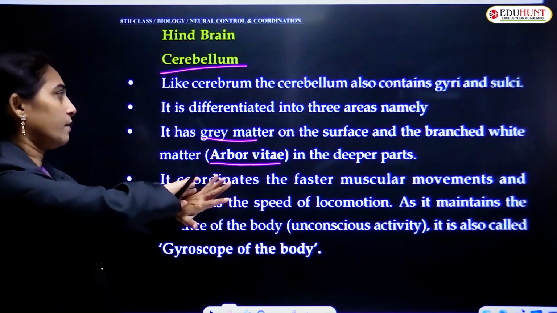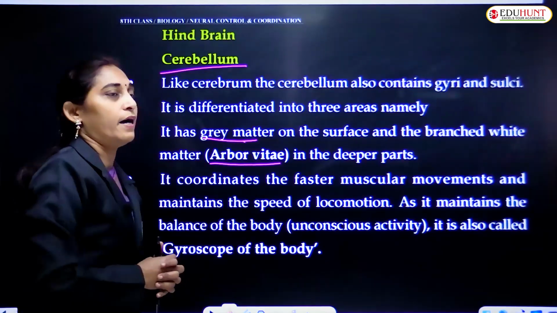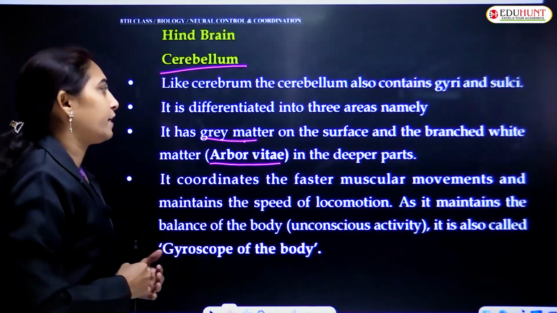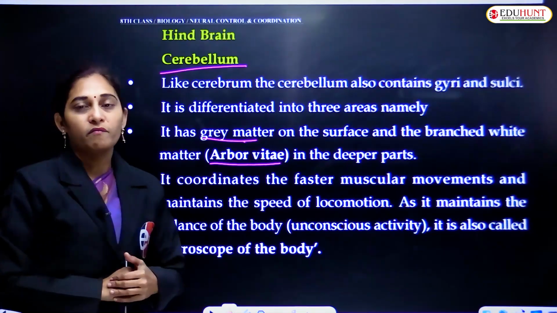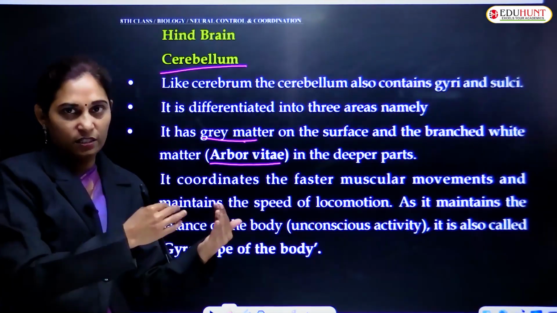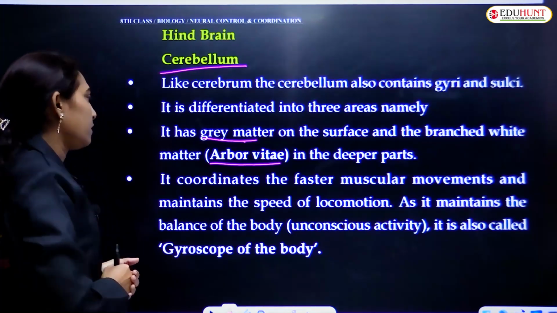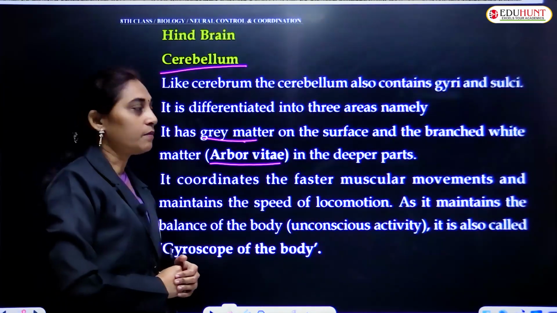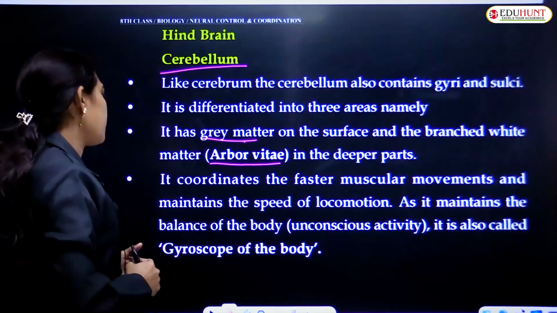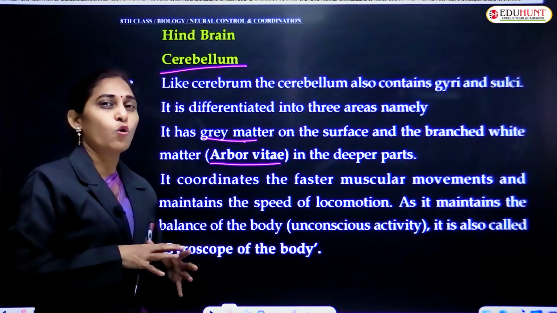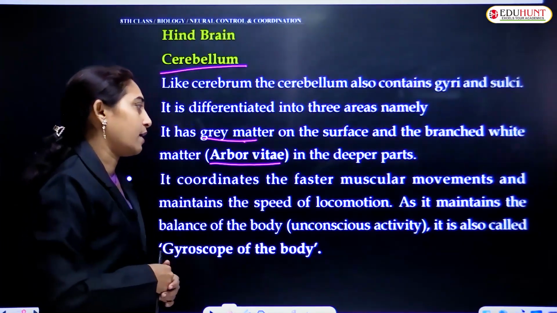On the surface, the gray matter is present, and in the deeper layers, branched white matter called arbor vitae is present. It coordinates the faster muscle movements and maintains the speed of locomotion, that is, movement, running and so on.